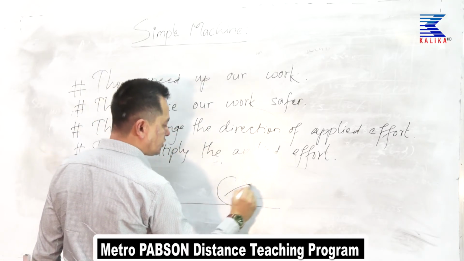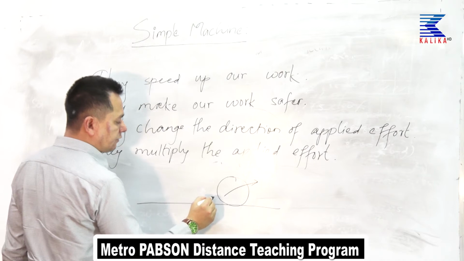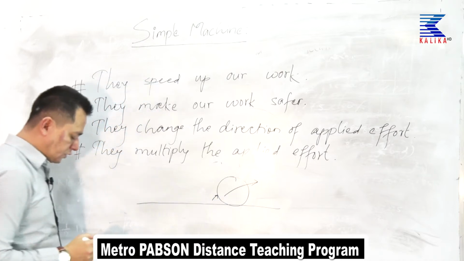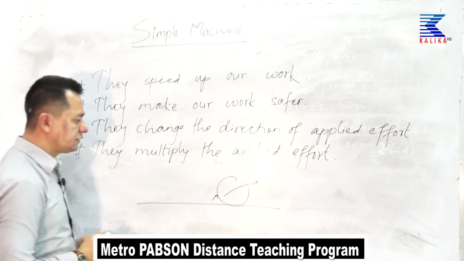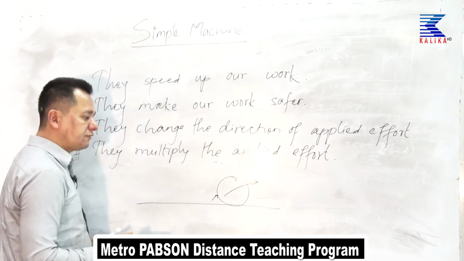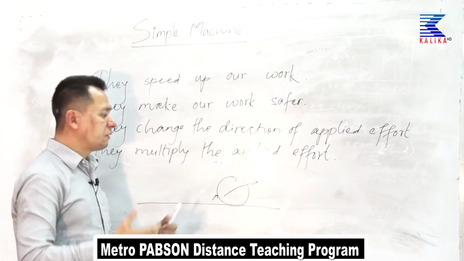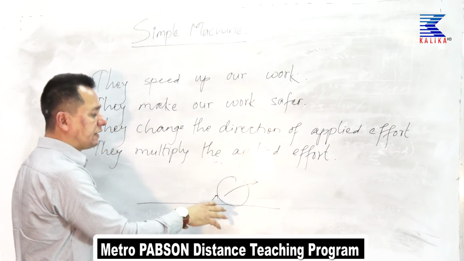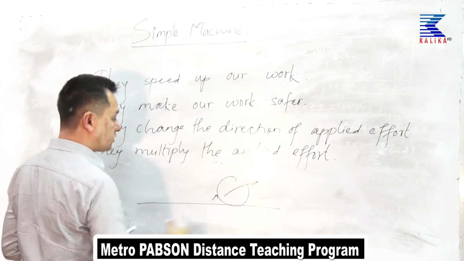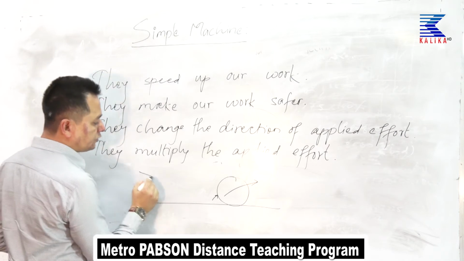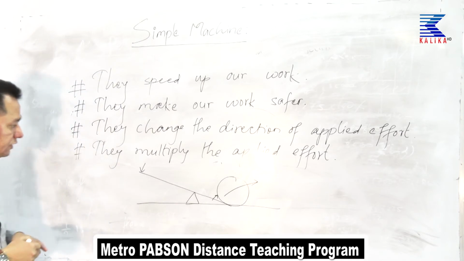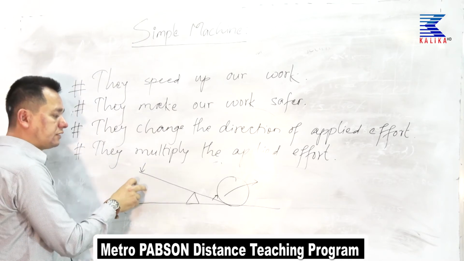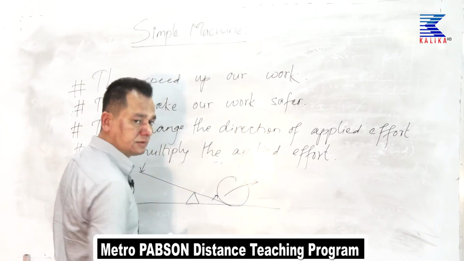To turn this stone to the other side with our bare hands, we need to apply huge effort, and sometimes even using our optimum effort, we may not be able to turn this boulder to the next side. But using this simple device, a crowbar, we apply a small amount of effort here, but this gets turned.